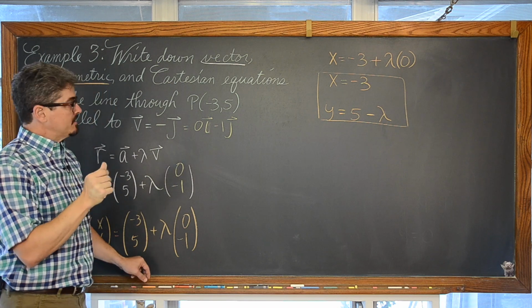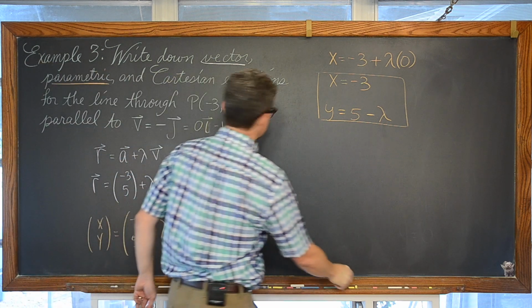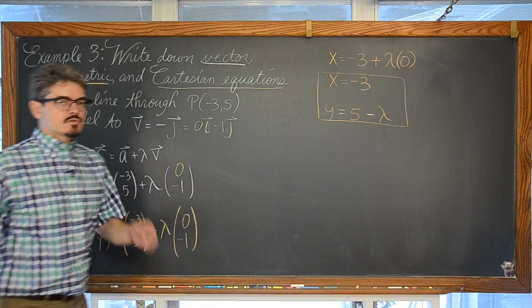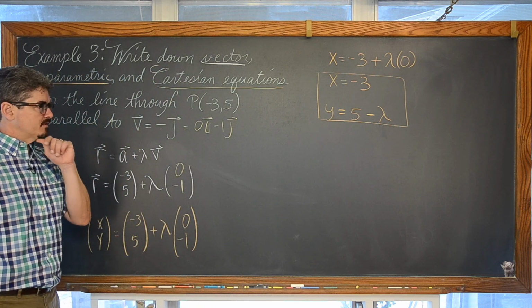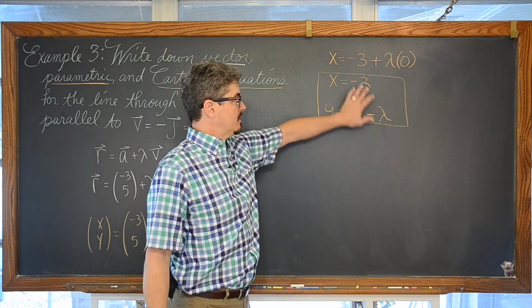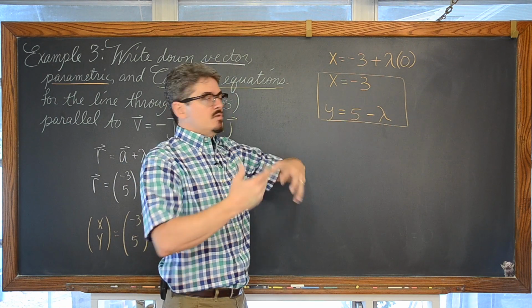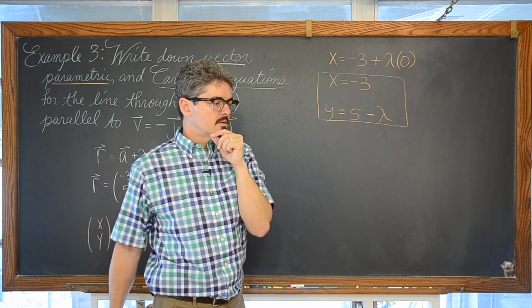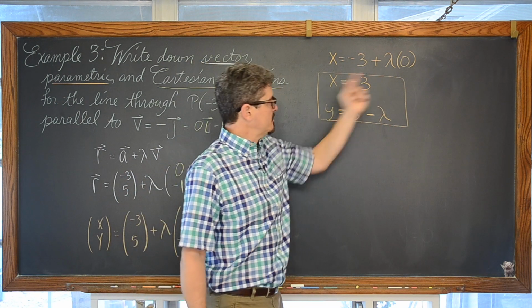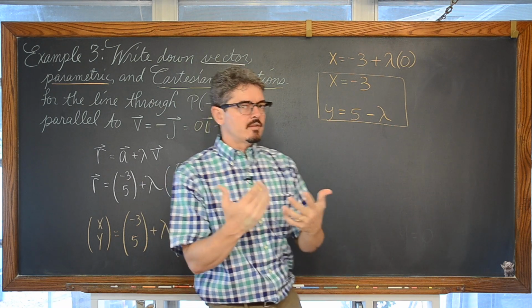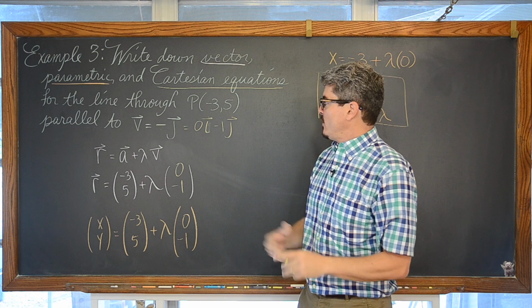Now, the slightly funny part of this problem is how do we write this in Cartesian form? This one is going to be a little different because, as you saw in the previous example, we eliminated lambda through substitution and brought in a relationship relating x and y together. But there's no lambda in equation x. So are you going to find that tricky, or are you already thinking of what the answer is? You could look back here.